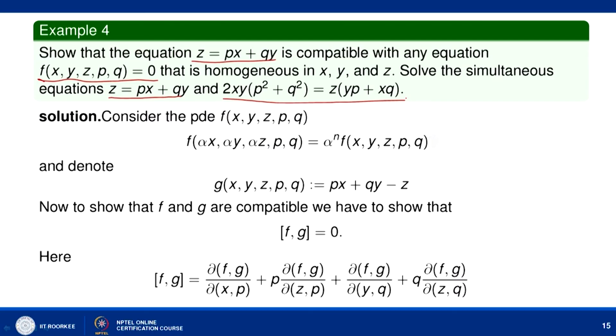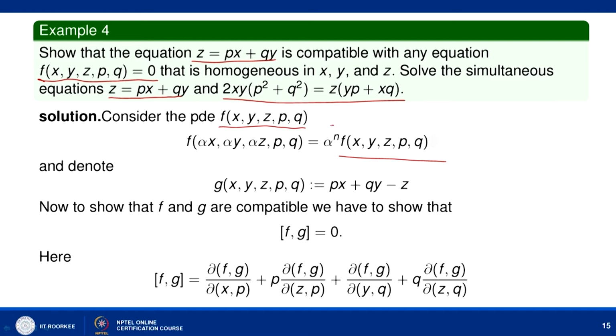Here I just want to note what a homogeneous equation in x, y, z is. For an equation f of x, y, z, p, q, we say it is homogeneous in x, y and z if, when we replace x, y, z by alpha x, alpha y, alpha z, we get alpha to the power n times f of x, y, z, p, q.